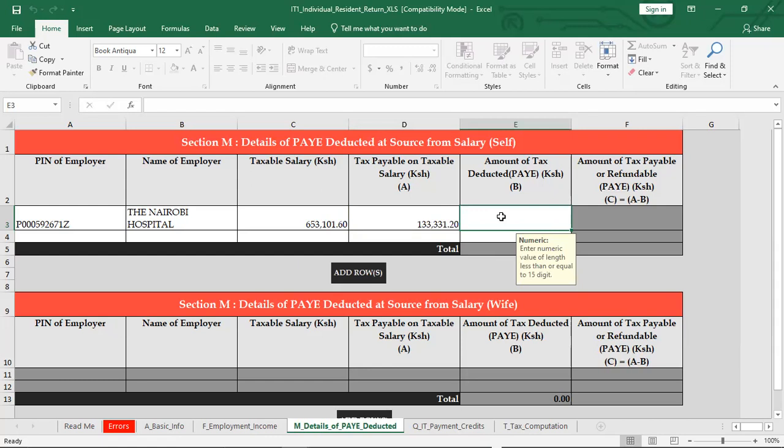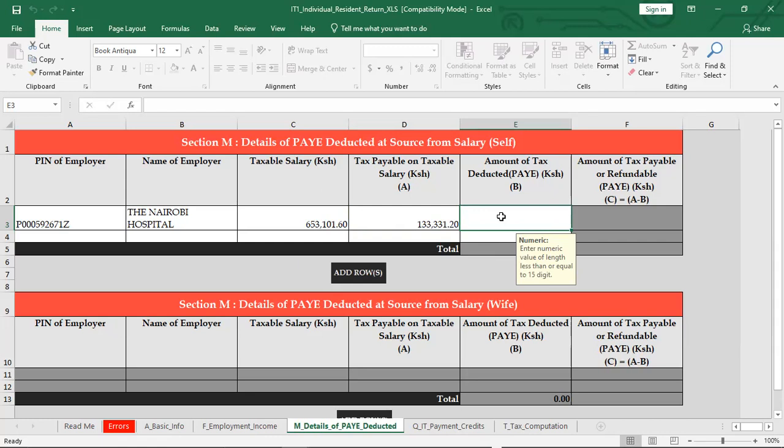Okay. Then when you get to amount of tax deducted, this is the total amount that is supposed to be submitted to KRA. So amount of tax deducted is tax payable, you subtract the personal relief, you get the amount of tax deducted.